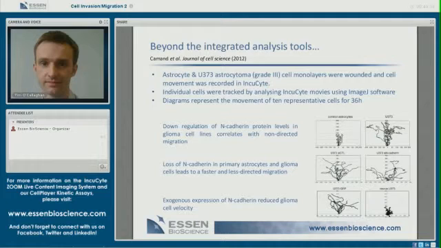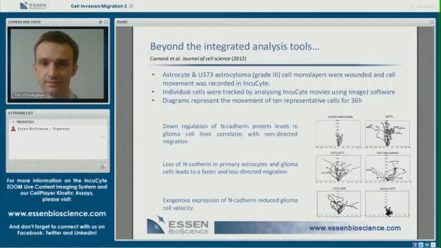And finally, IncuCyte images and movies can also be exported to allow bespoke analyses in third-party software such as ImageJ. Commo et al. at the Institut Pasteur in France used astrocytes and U373 astrocytoma cells, and these cell monolayers were wounded and cell movement was recorded in IncuCyte.